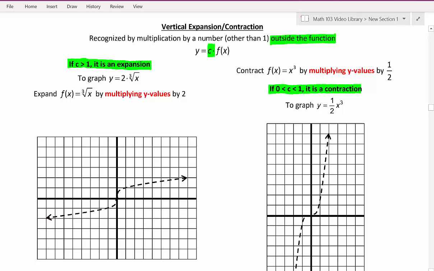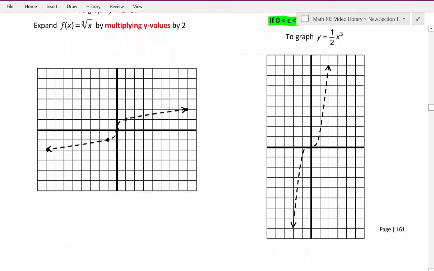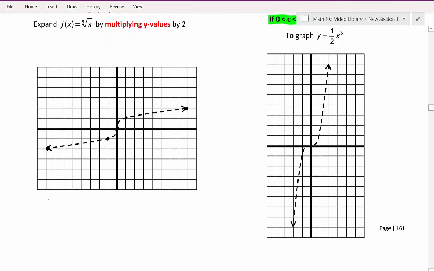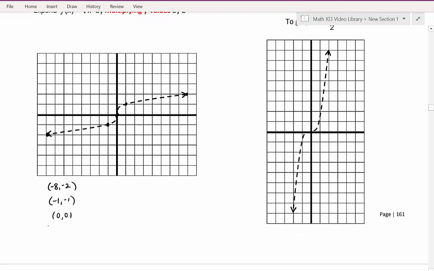I'm going to list them out and then multiply the y values by 2 to get the correct points for our expansion. So our points are -8, -2, -1, -1, 0, 0, 1, 1, 8, 2.